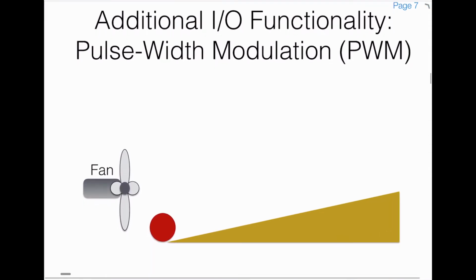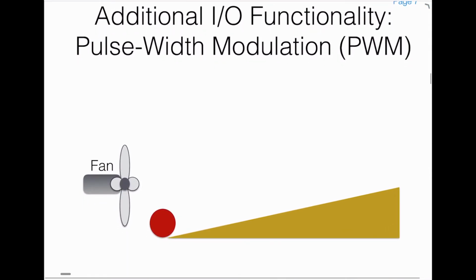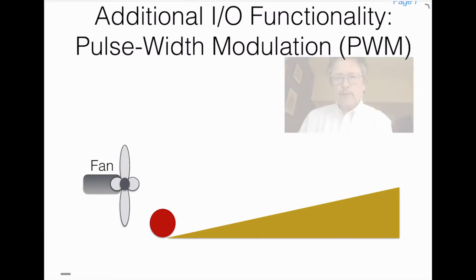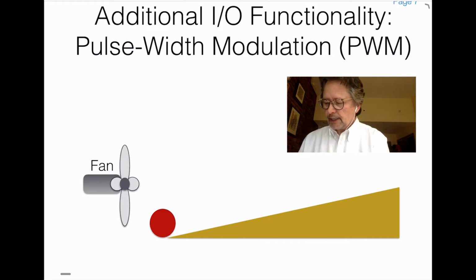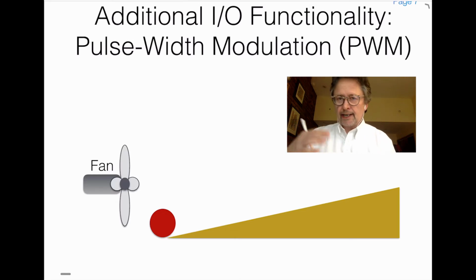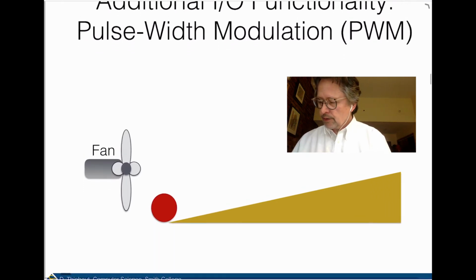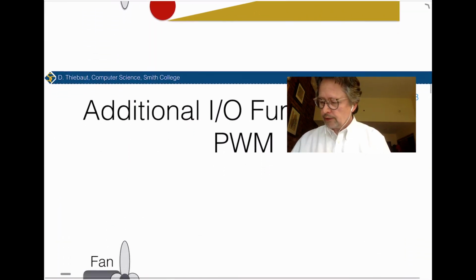All right, so how can that work? Well, the example here is that if we were to use that through some driver, through some electronics, and connect that to a fan, this is my analogy, if you want. So let's assume that I have a fan that can be completely on or completely off, and I have a ball here that is fairly light and an incline, and I'd like the fan to push the ball up that incline. So if the fan is off, the ball is at the bottom.